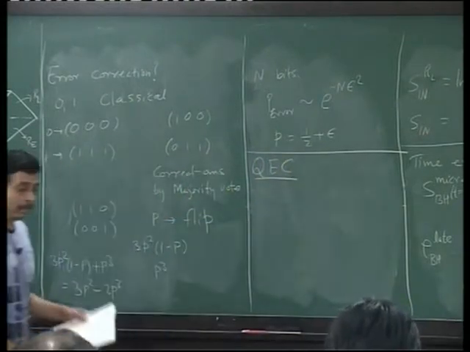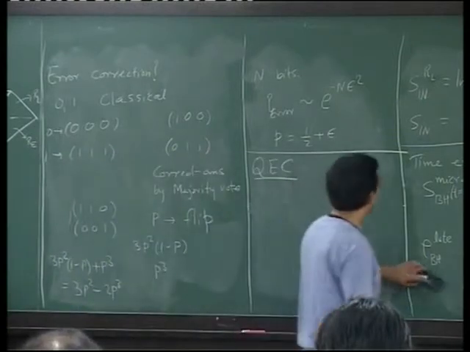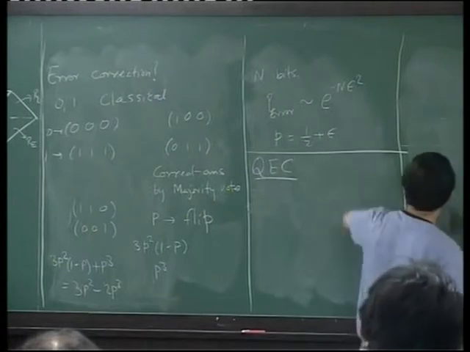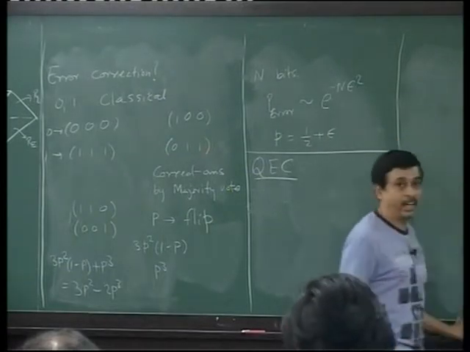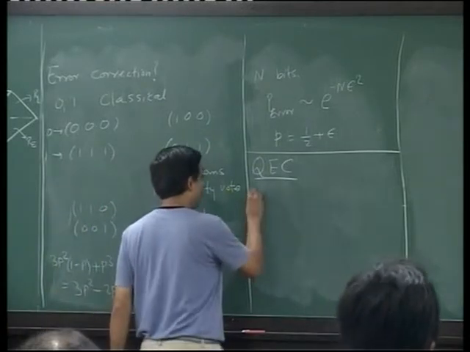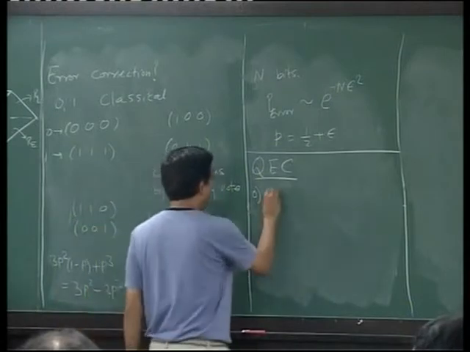Okay. So quantum error correction, first of all, has multiple problems, something the classical error correction didn't have. So let's first list the kind of errors that it can have. The 0th level error is the same error that the classical one has, which is the bit flip error.